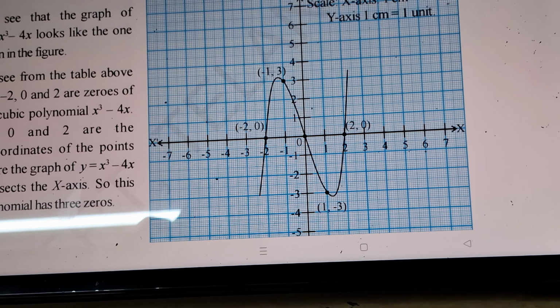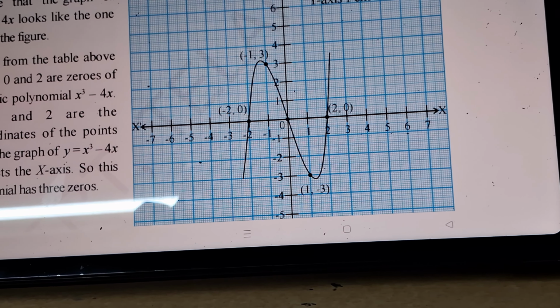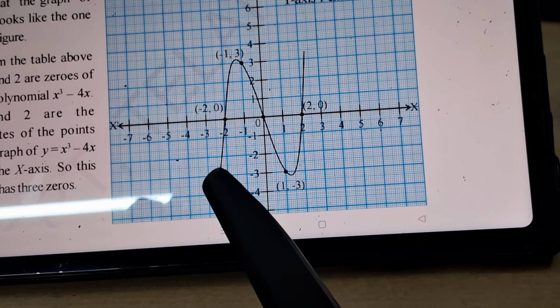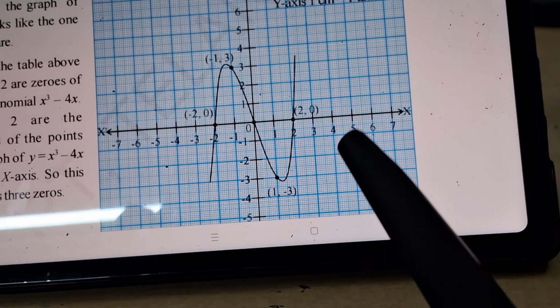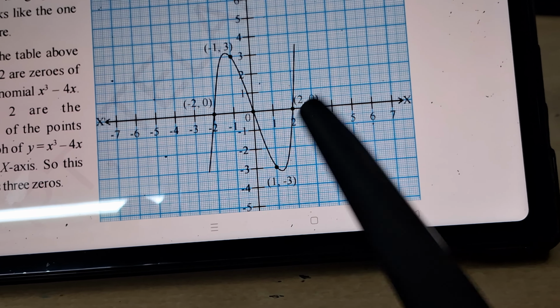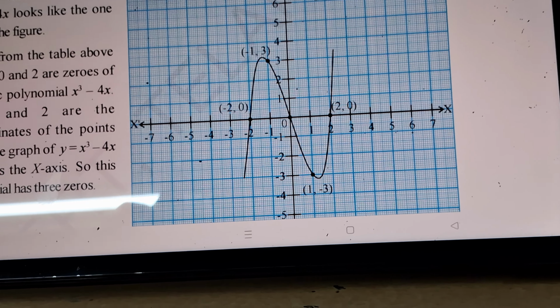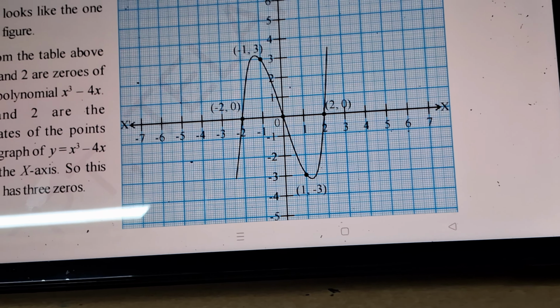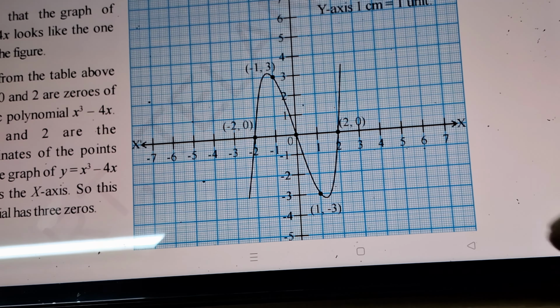In this graph, you can see it is not a parabola but a curve. The curve is intersecting the x-axis at 1, 2, 3 points. All cubic polynomials will intersect the x-axis at 3 points.